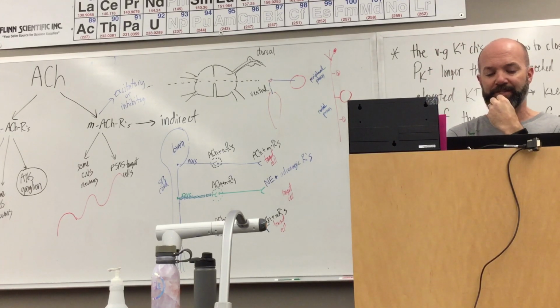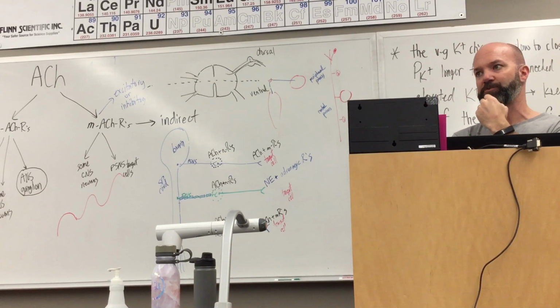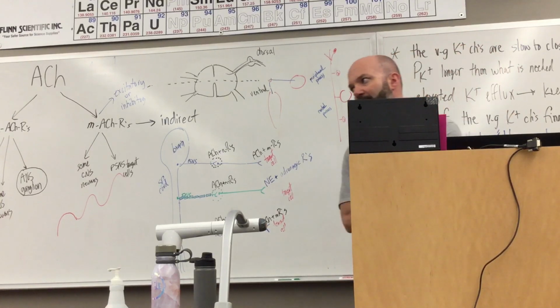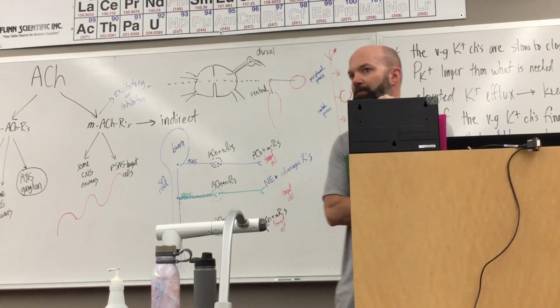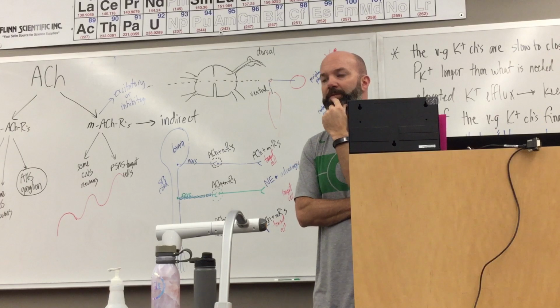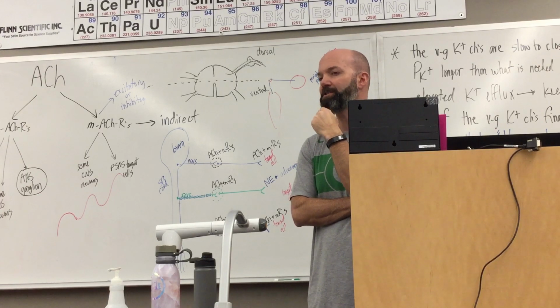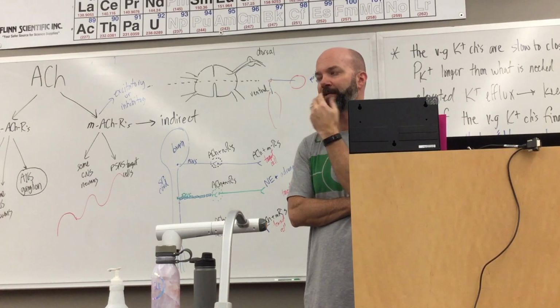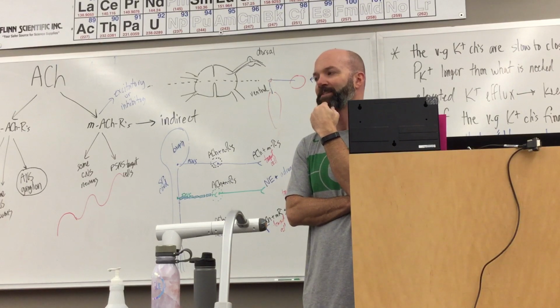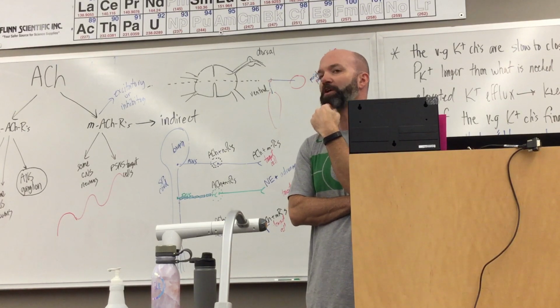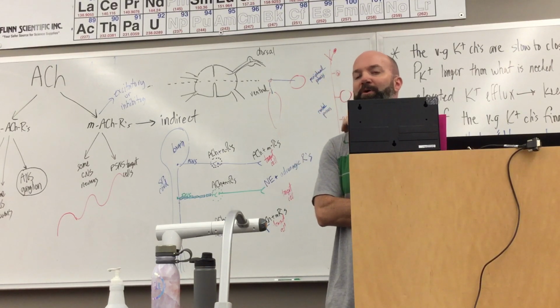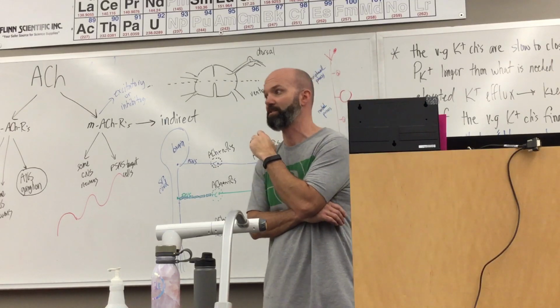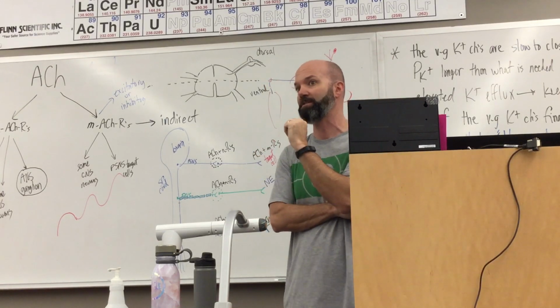What does the size of the homunculus represent in the primary somatosensory cortex? So I said sensory cortex and you said motor units. The homunculus is not proportional. What parts of the homunculus are largest for the sensory and the motor homunculus?